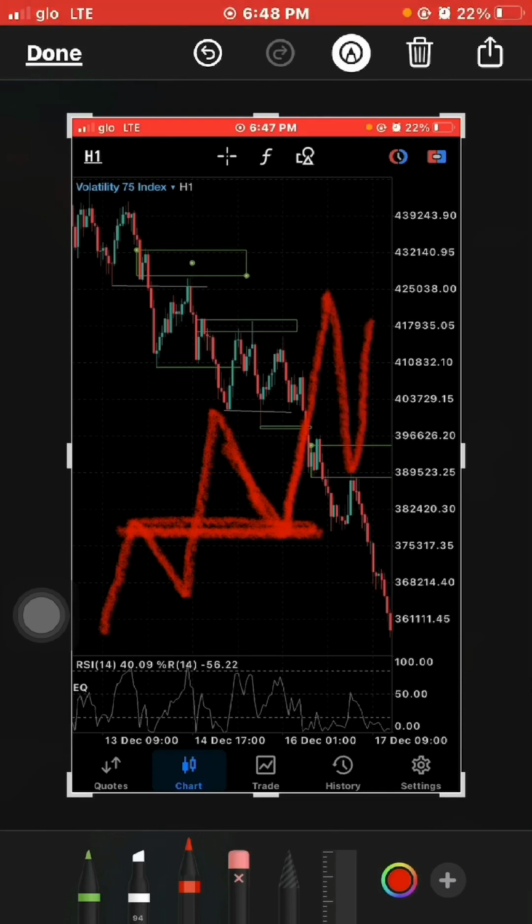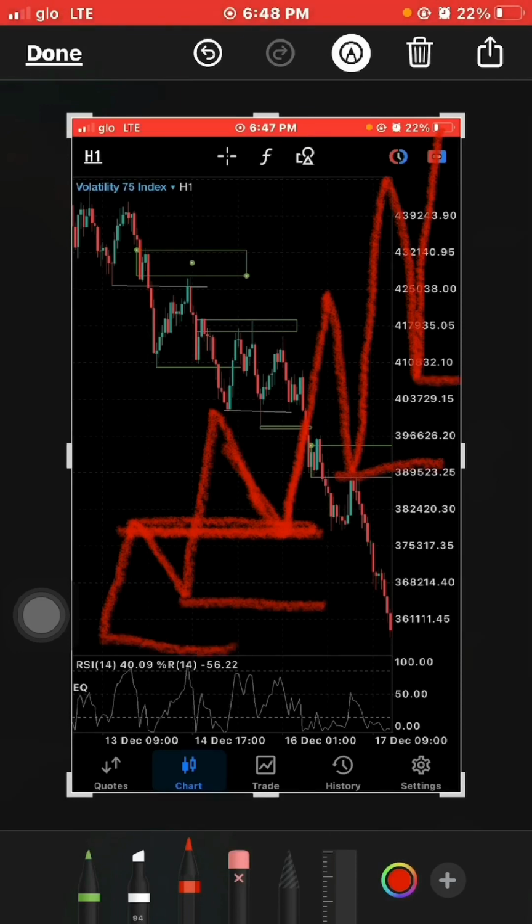The market will continue doing this kind of price action, but it will not be taking out the previous lows. That's how the market delivers price in bullish conditions.